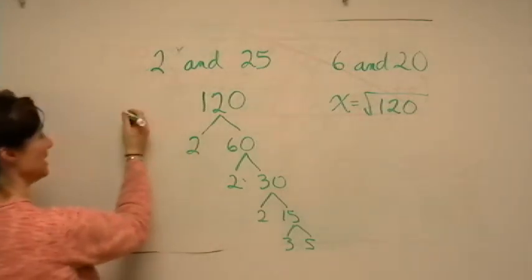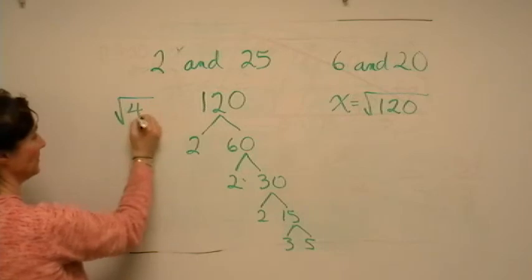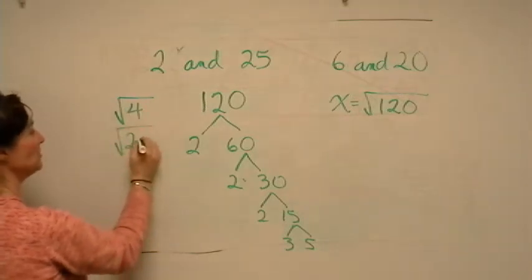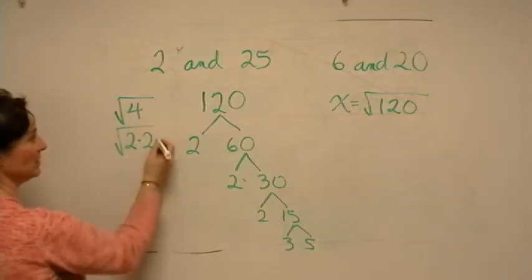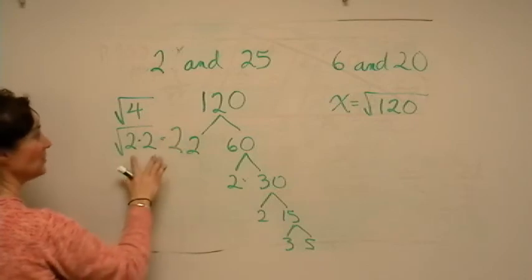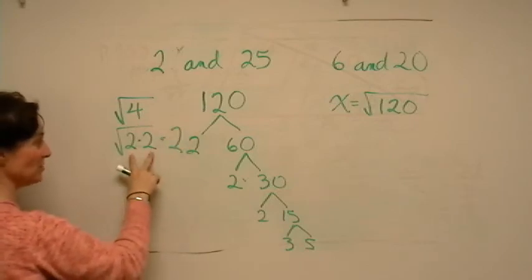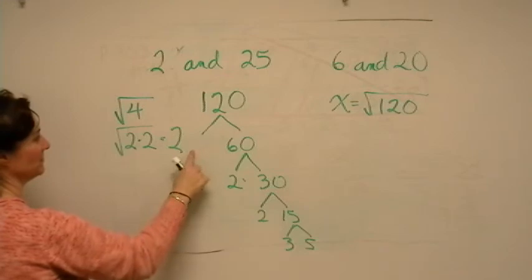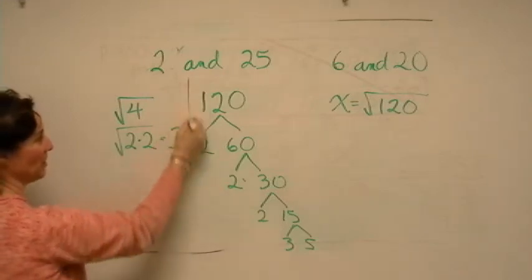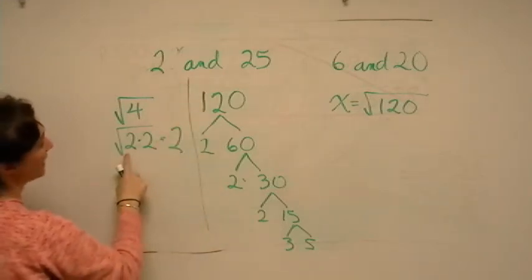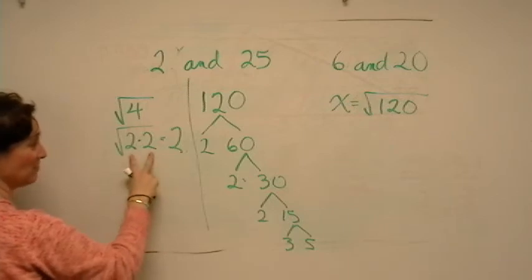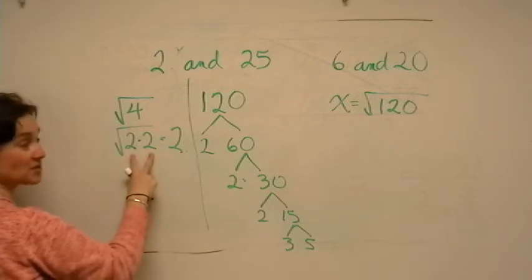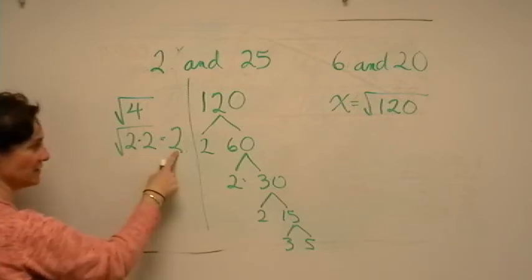Now remember, when you take a square root like the square root of 4, it's the square root of 2 times 2. And it's equal to 2. So when you take out a pair of 2's, the pair inside the square root becomes 1 on the outside.